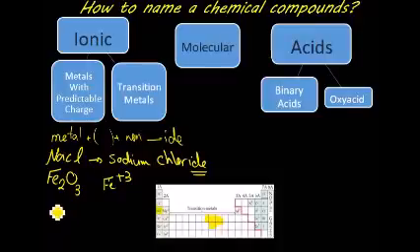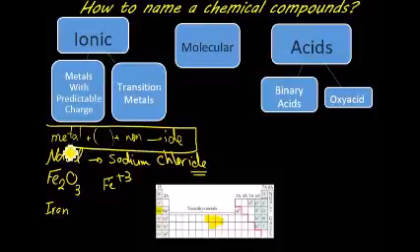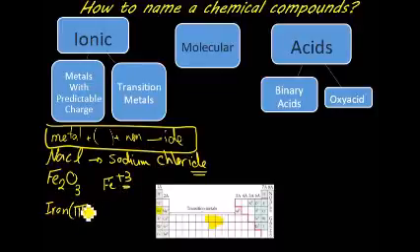So in this case, we will say iron. That's the name of the first metal. Okay, here is how I do the naming. So metal, then the charges. In this case, it's plus 3. So iron 3. Then the nonmetal, which is O, oxygen, it's ox, and then IDE, right? Oxide. That's it. It's easy.